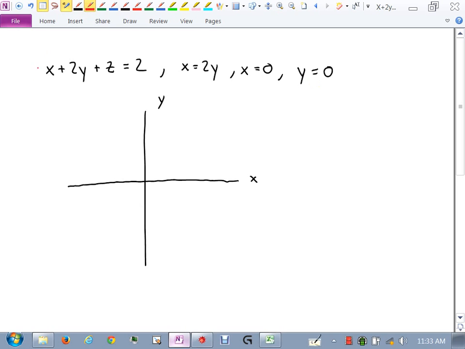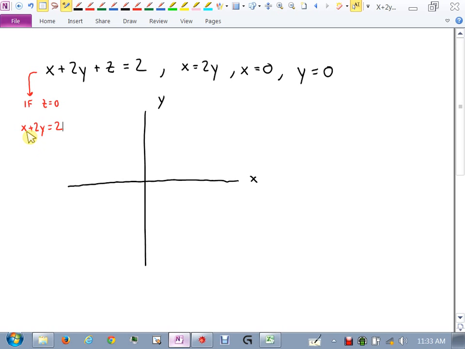Starting with this one, if z is 0, we get x plus 2y equals 2. How would you go about graphing that line? What's your method? Do you do y equals mx plus b, or do you do x and y intercepts? Do you have a preferred method? Intercepts? That one would probably be pretty easy with intercepts.